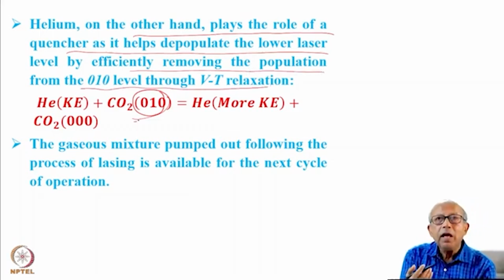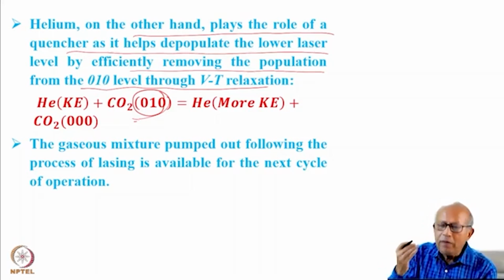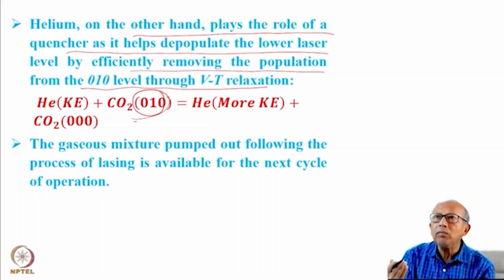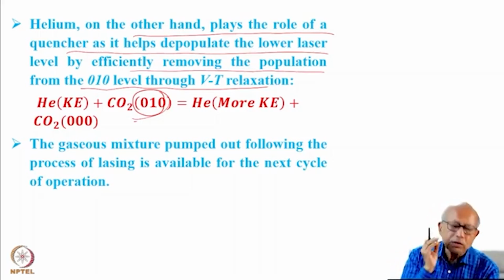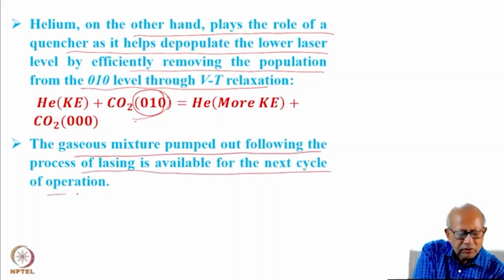This will further enhance the output power of the laser. In the same way as in a conventional laser, the same role which nitrogen and helium play, they will also play in the operation of a gas dynamic laser. And the gaseous mixture pumped out following the process of lasing is available for the next cycle of operation.